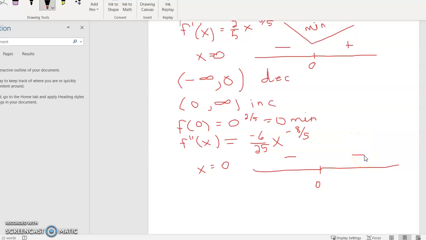So this thing is always concave down, but let's be careful. Do not write this as negative infinity to infinity concave down, because it's not concave down directly at 0. So negative infinity to 0, and then 0 to infinity, it's concave down.